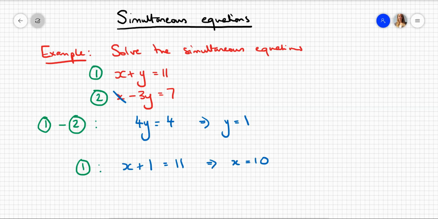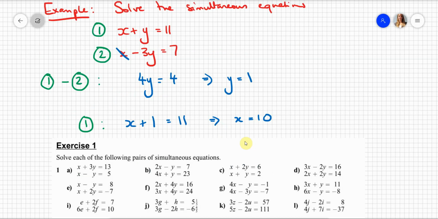So I'd now like you as a starter exercise to do question 1 from the exercises that I've put on Show My Homework. So these are the questions that you should be having a go at. So pause the video, then you've got the example there to help you, and you can have a go at these questions.